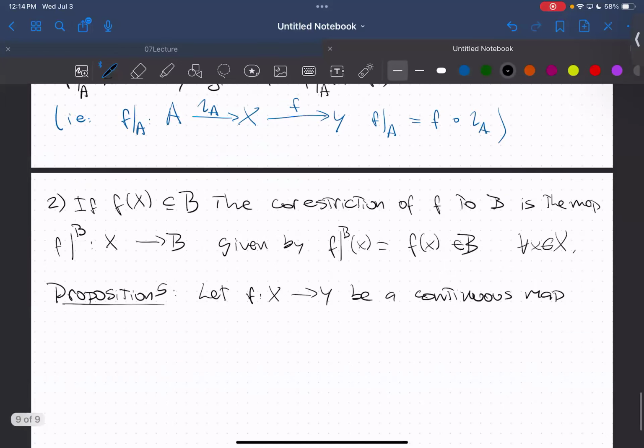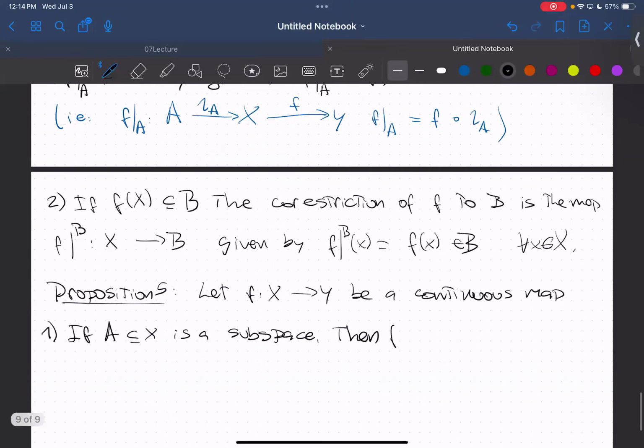The first statement here is if we have a subspace, that means a subset with induced topology, then the restriction is always continuous. And f restricted to A, which goes from A to X, is continuous.